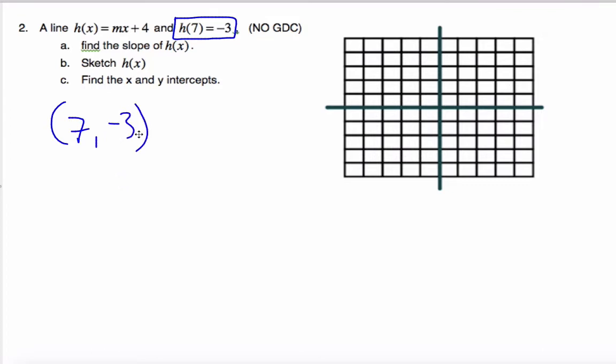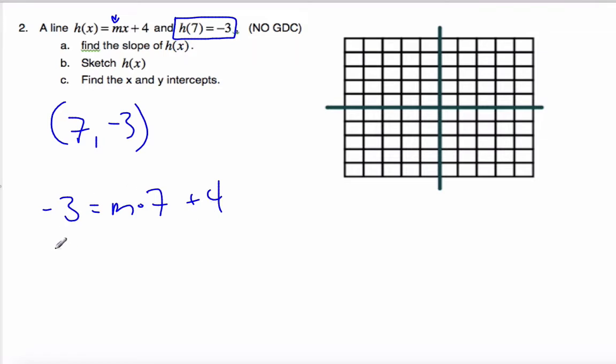Okay, so now if this is on the line, then it must satisfy the equation. Oh, we have a clue. We do indeed, and that might help us find the slope, which is m. So if I plug these values in, I get negative 3 is equal to m times 7 plus 4. And then I can solve for m.